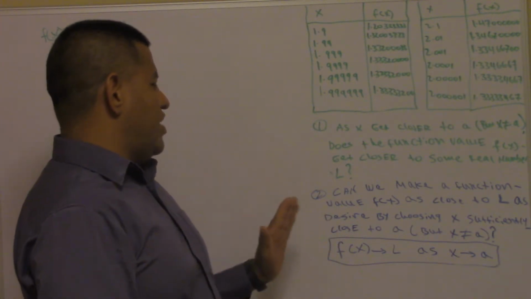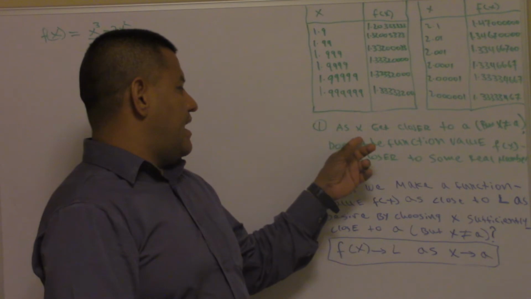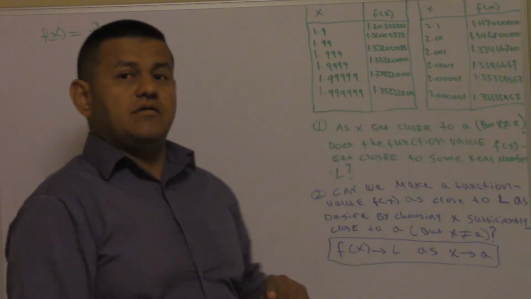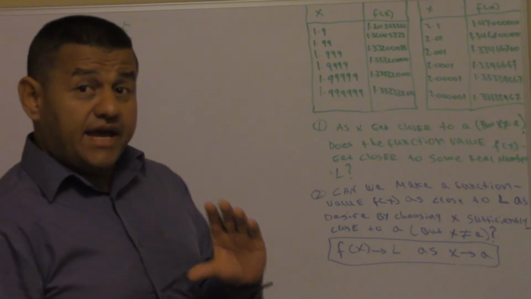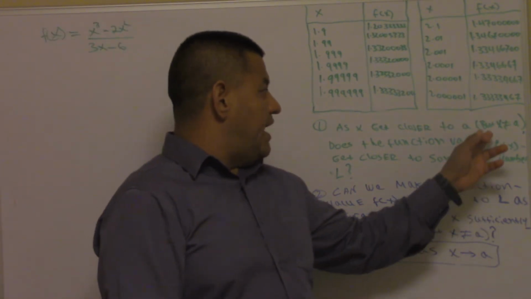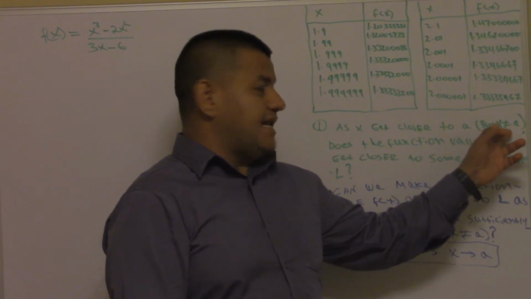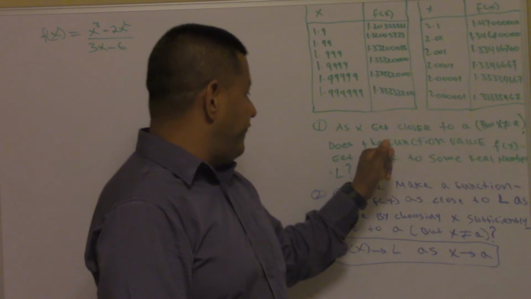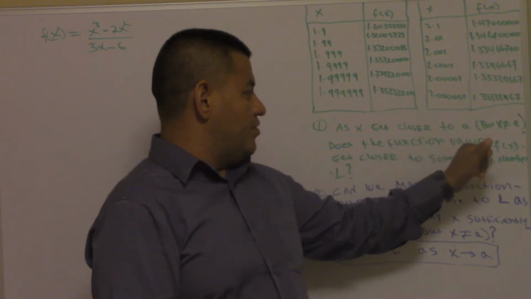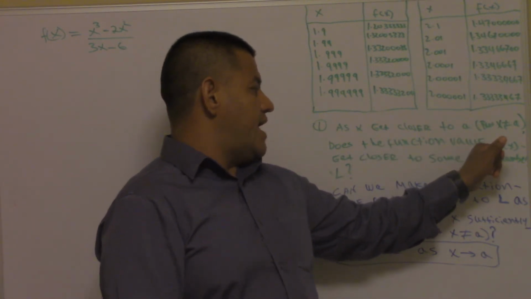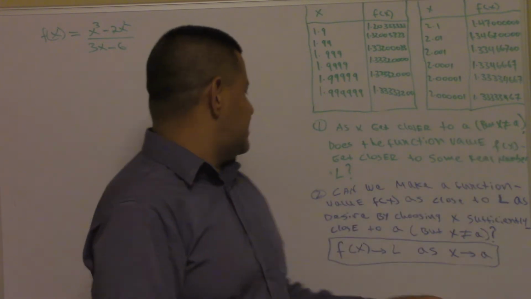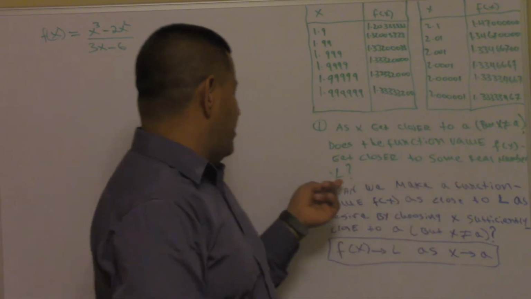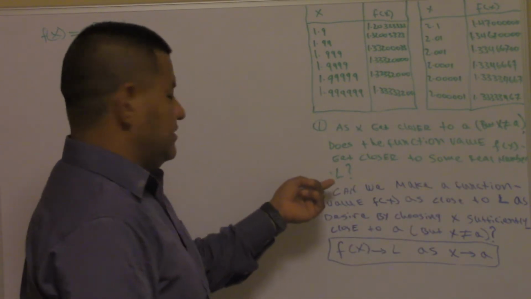Okay, one of the questions is, as x gets closer to a number a, right? To a certain number a, but x cannot equal a, thus the function value f of x gets closer to some real number L, right?